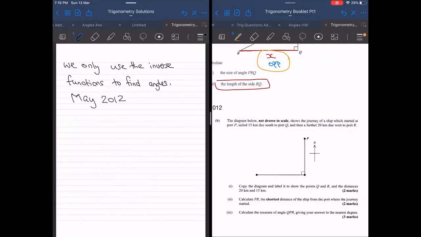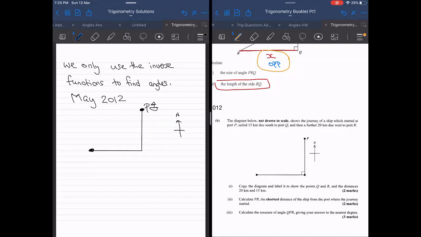Okay, so for May 2012 now, it says the diagram below, not drawn to scale, shows the journey of a ship which started at P. Right, so we have more of a little ship, like a boat.